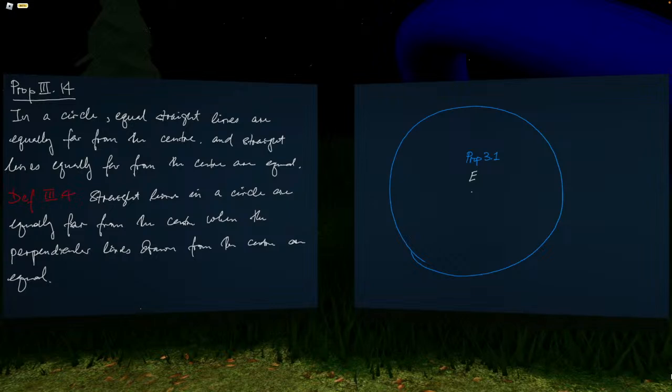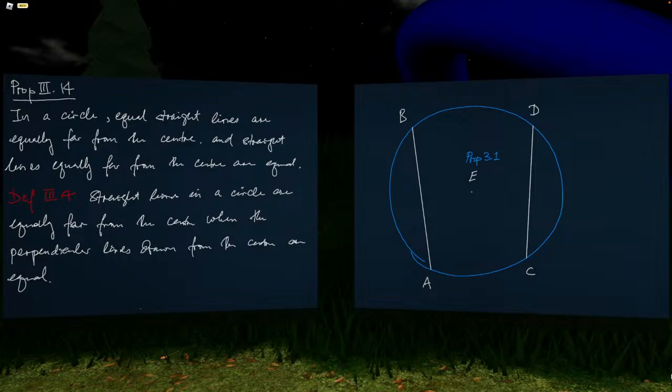And we're going to have two lines like this. I'm not going to say that they're equal or not at this point because we're proving both directions. So I'll just draw the diagram. I have two lines on the circle, I'm going to call them AB and CD.